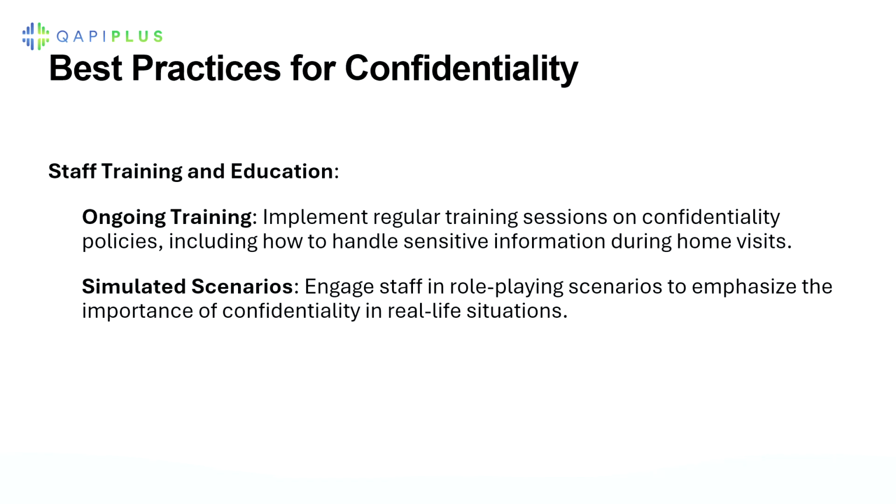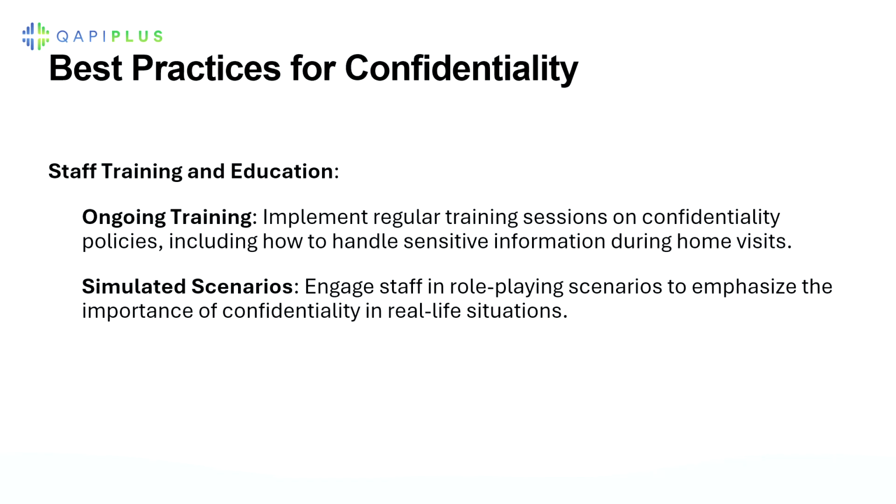So the first is education and educating ourselves, making sure that at our organization, if you're at that organizational level, you have regular training sessions on the confidentiality policies you've implemented, the importance of confidentiality, and how you're guided in terms of your accreditation and regulation around honoring those conditions of participation from Medicare and Medicaid.